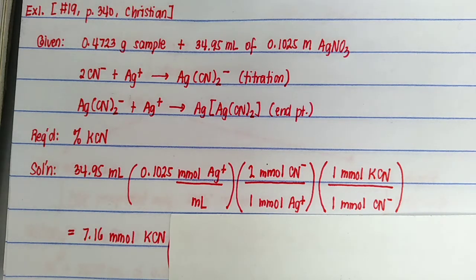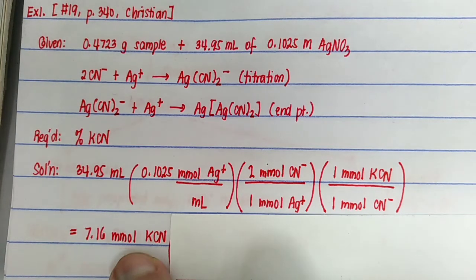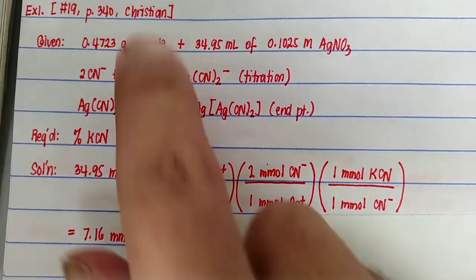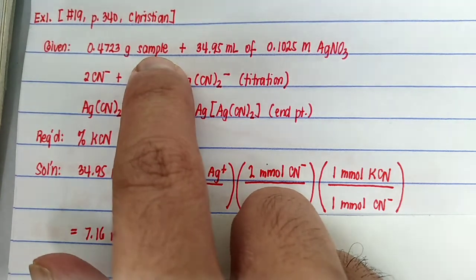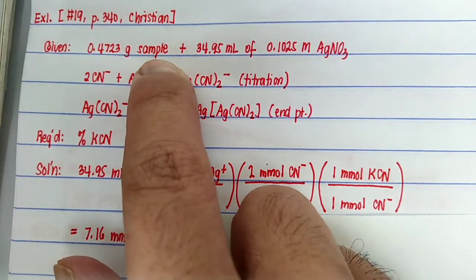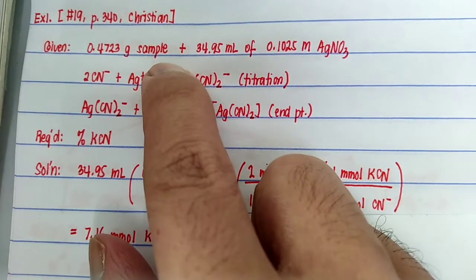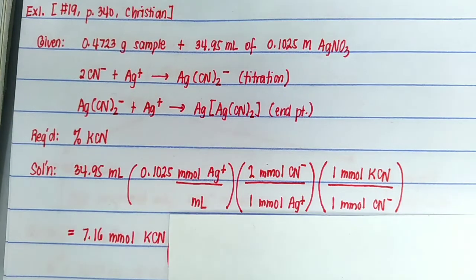So for this one, we can continue on with the computation. We want to be able to convert the millimoles of KCN into mass, since our sample in here is expressed in mass. So we want to be able to do mass of KCN divided by mass of sample to get the percent of KCN.